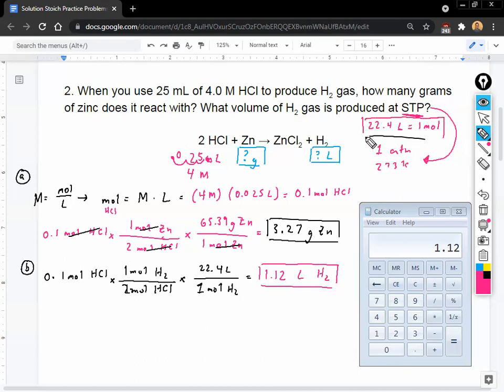And if you use the ideal gas law to calculate it, you can actually calculate that out. But when you see STP, and you know you have to do Stoich, just automatically assume that it's 22.4 liters per mole. It'll save you a lot of time and it'll help you get the right answer. Okay.